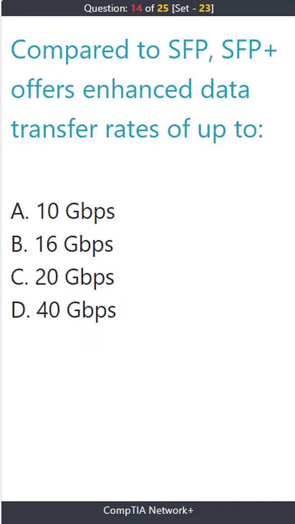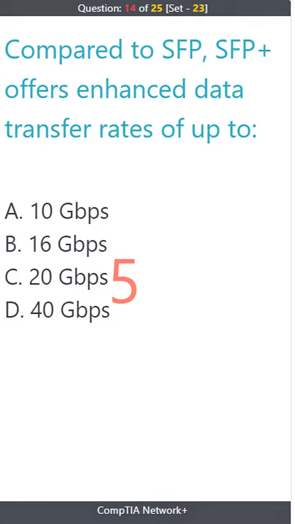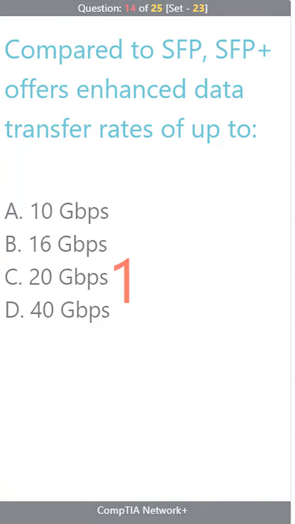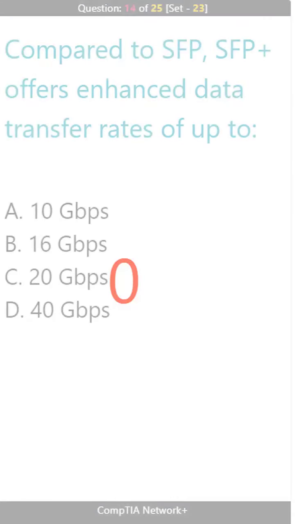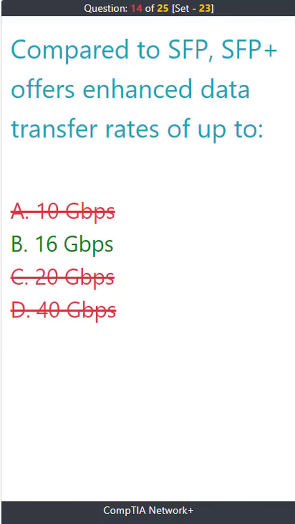Question 14. Compared to SFP, SFP+ offers enhanced data transfer rates of up to A. 10 Gbps, B. 16 Gbps, C. 20 Gbps, D. 40 Gbps. The correct answer is B. 16 Gbps.